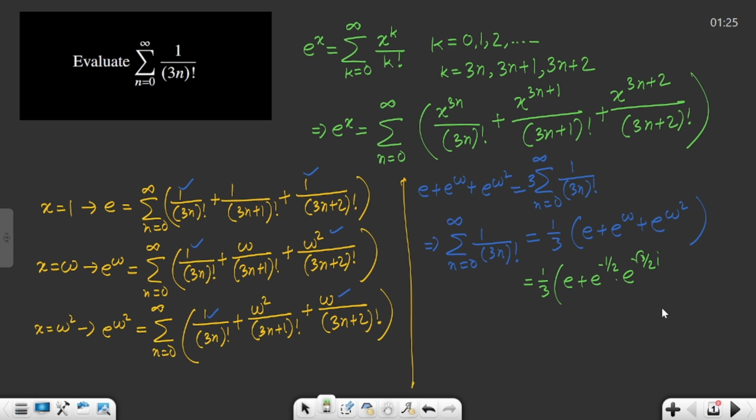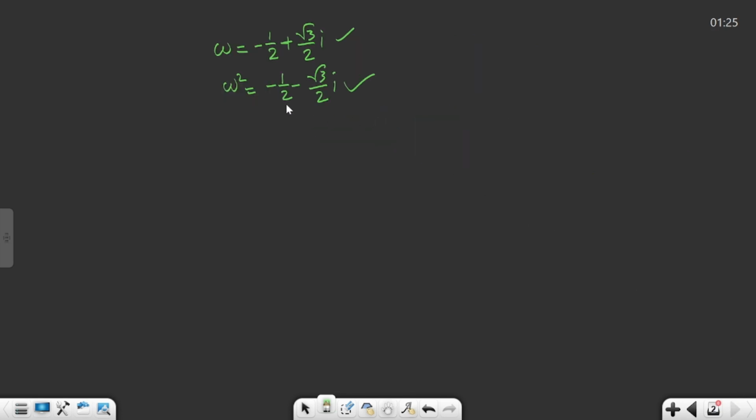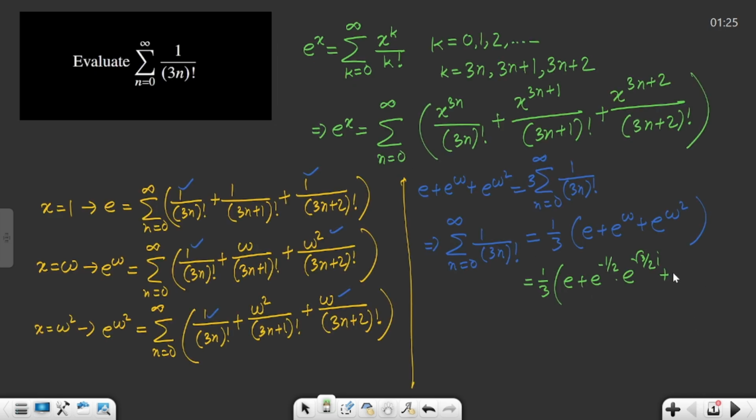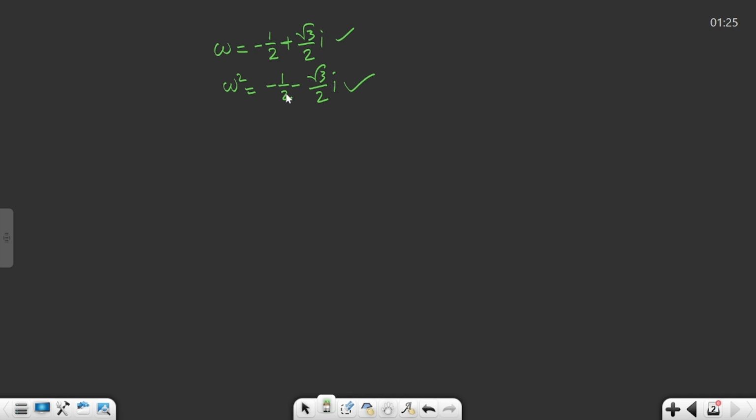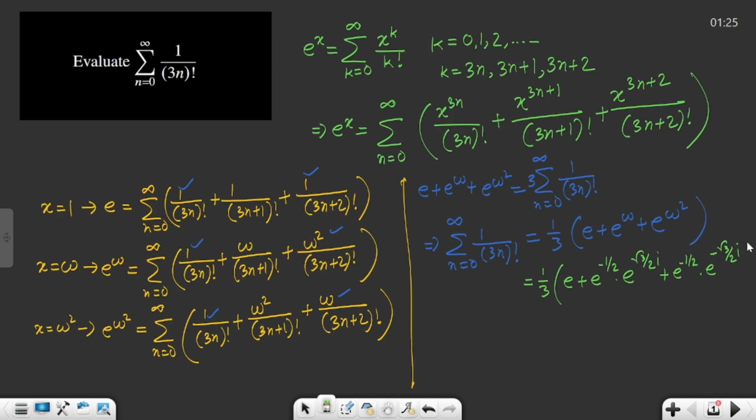Plus, now see here, same logic. Here it is e to the power minus 1 by 2 into e to the power minus root 3 by 2i. I hope the logic is clear because omega square is equal to minus half minus root 3 by 2i. Okay, so yeah, done.